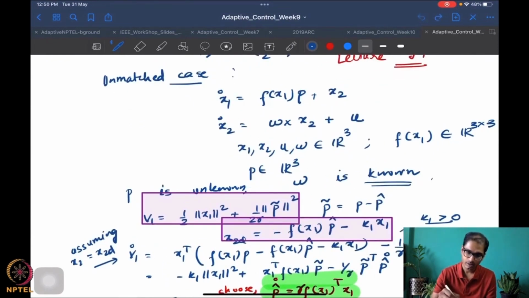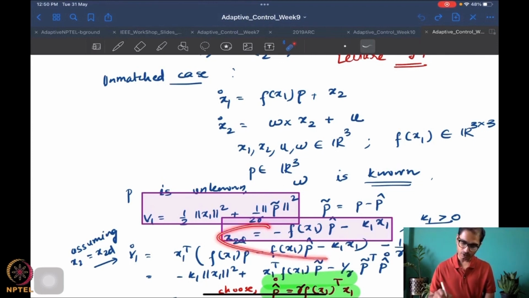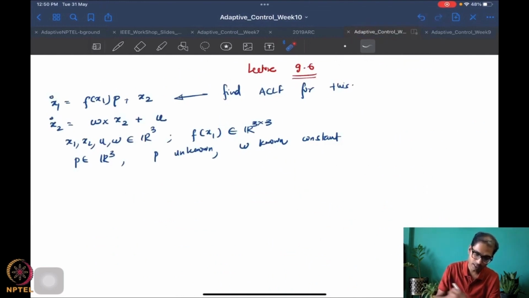Because we had an x2 desired, and of course we had this alpha, if you may, in the tuning function setting, and with that you can actually show that you have some nice properties.